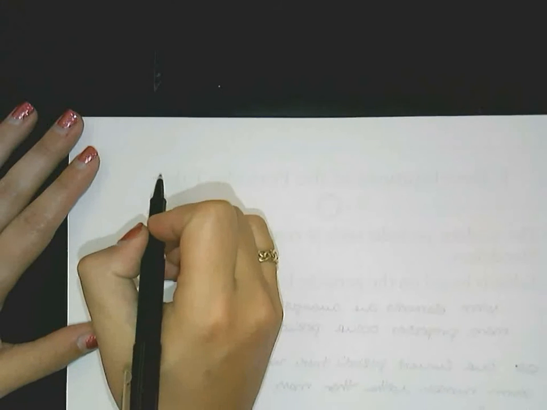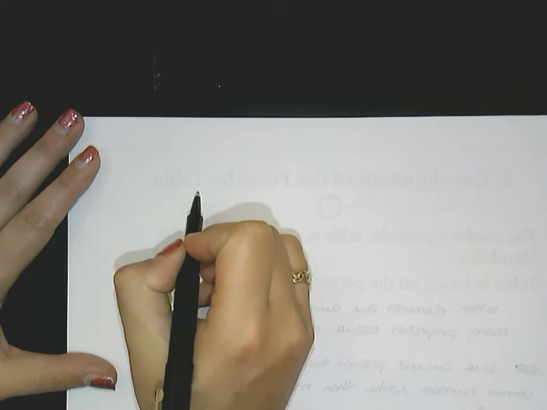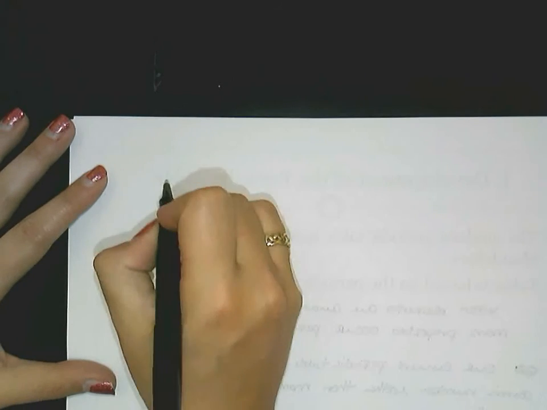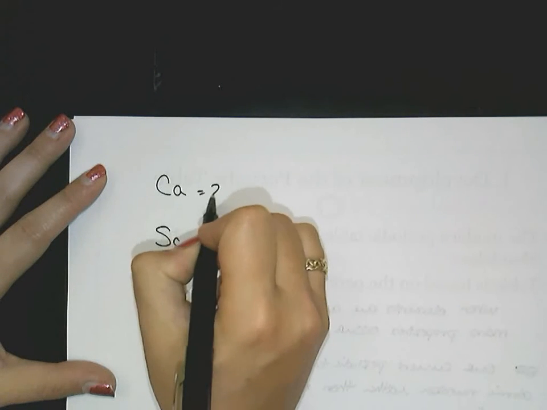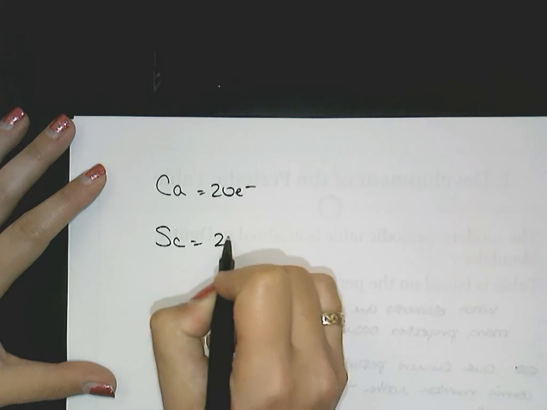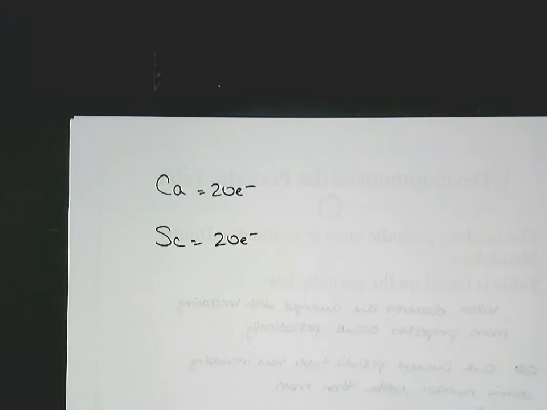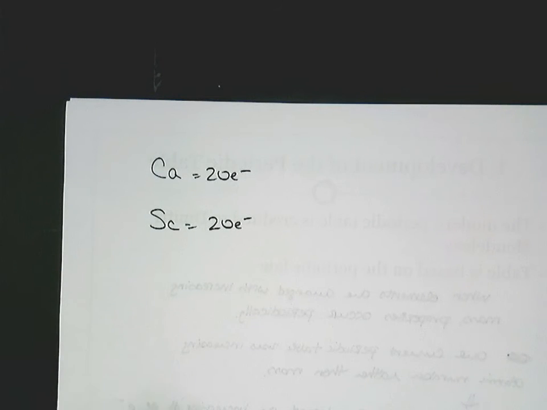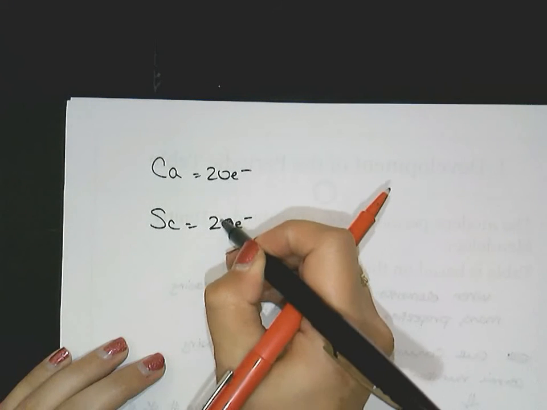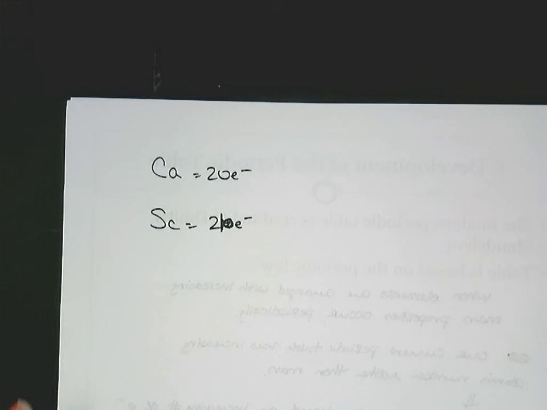So let's look at calcium versus scandium. Looking at those two options, if I look at calcium, what row is it in? 1, 2, 3, 4, 5? 4.